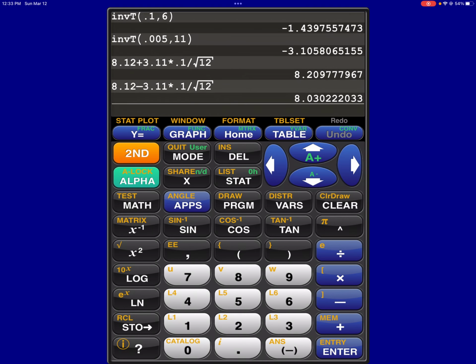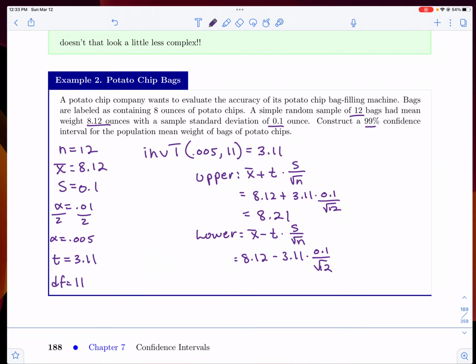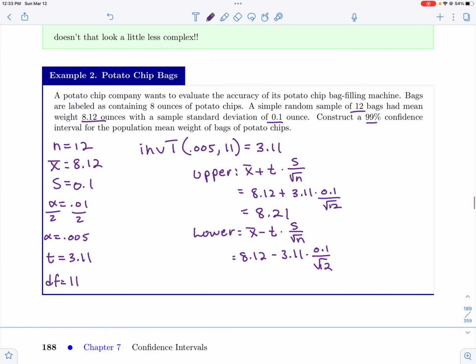And we end up with 8.03. Writing this out in interval form, we'd expect with 99% accuracy that the population mean should live somewhere between 8.03 and 8.21.